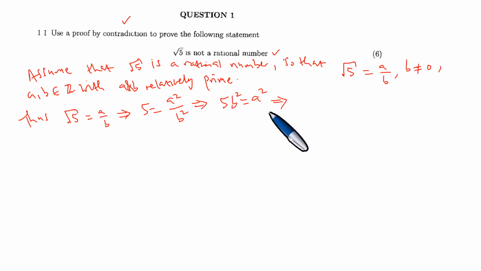This is called Euclid's proof, by a mathematician who lived long ago.